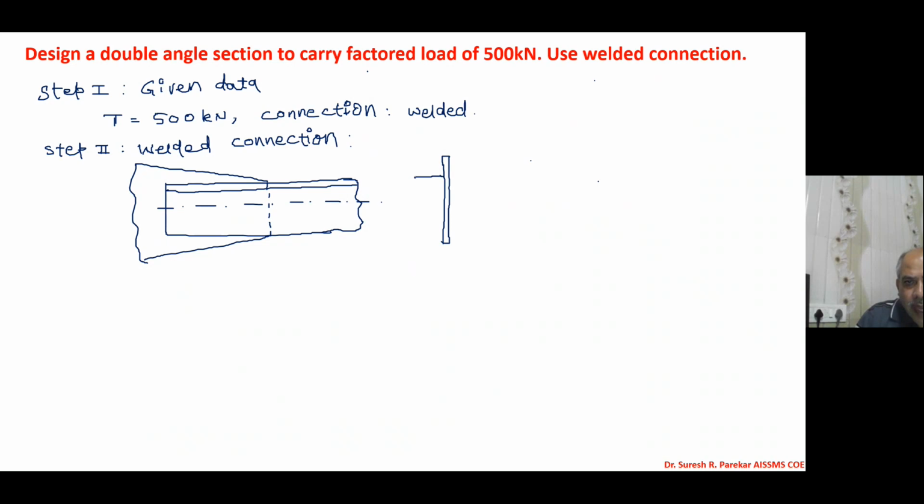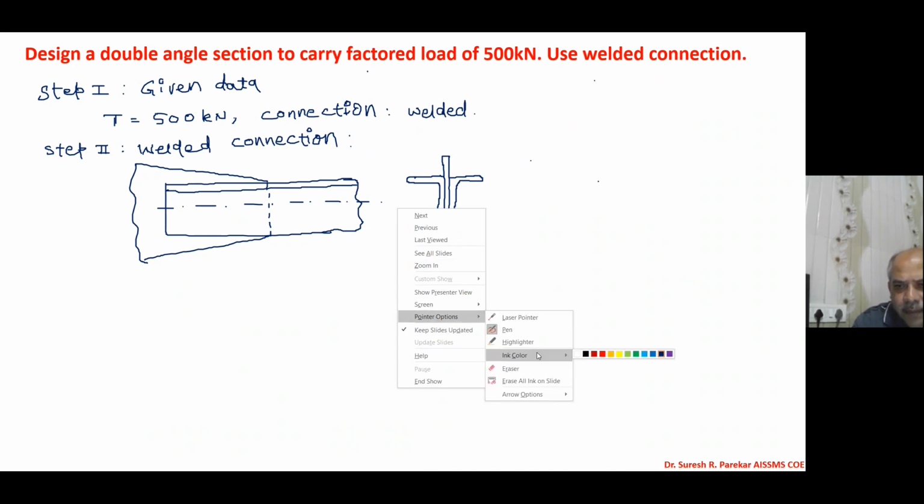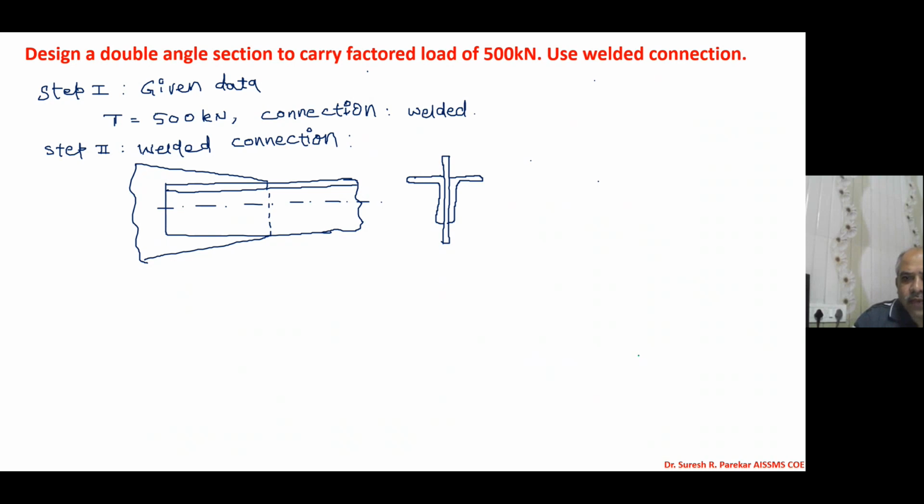So angle section we are going to consider the same, that is equal angle. So first we will go for the connection and then we will go ahead. So we have like this and now we have welding. So again we will change the color for welding. So we will have welding over here, so here 1, 2. So this will be my value L1 over here.